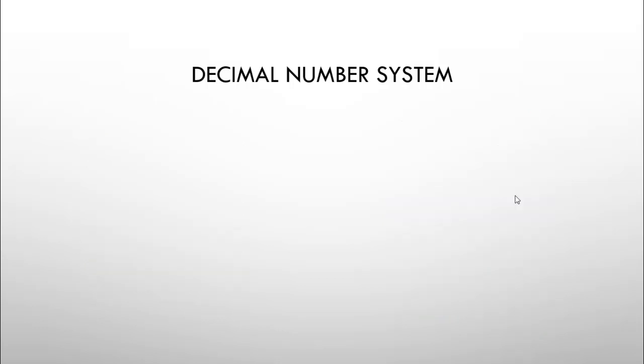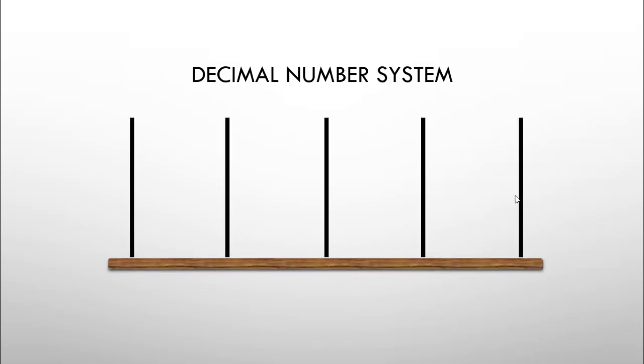First we'll look at the decimal number system, and this is the counting frame that I'm going to use for the decimal number system. The first thing that I have to do is write the base values for each of the lines of the counting frame, and for each of these base values I'm going to give a power from 0, 1, 2, 3, and 4, however much you have, you can give the power.